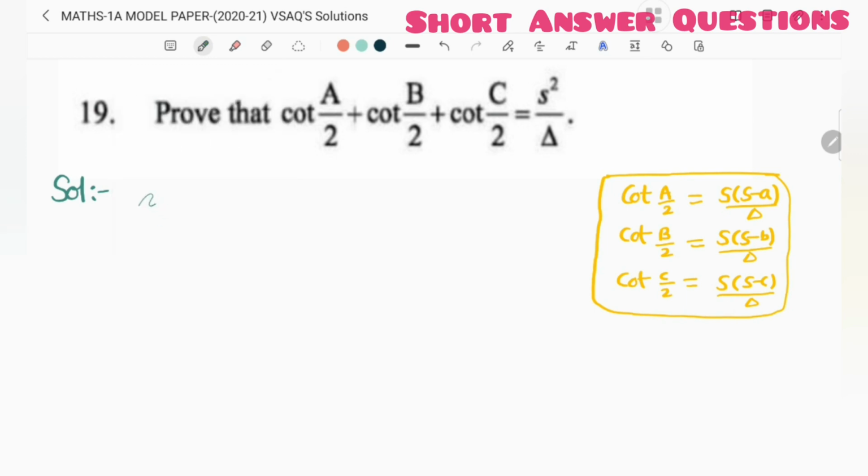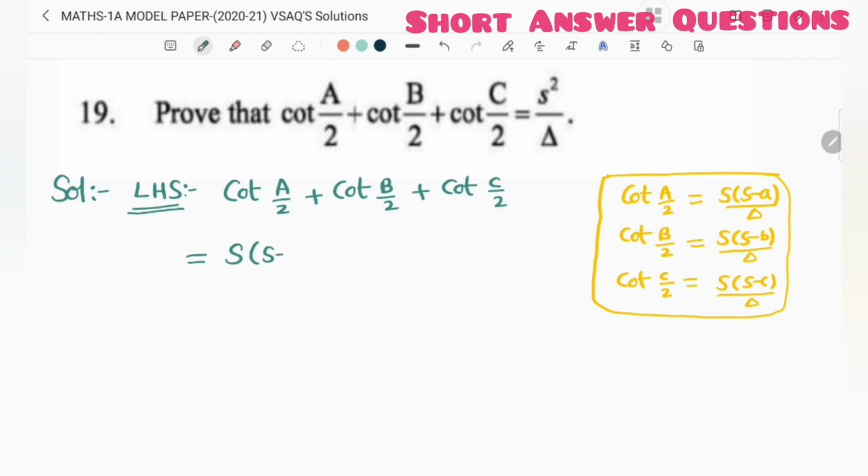So now consider the LHS. Cot A by 2 plus cot B by 2 plus cot C by 2, which is equal to S into S minus A by 2, plus S into S minus B by 2, plus S into S minus C by 2.